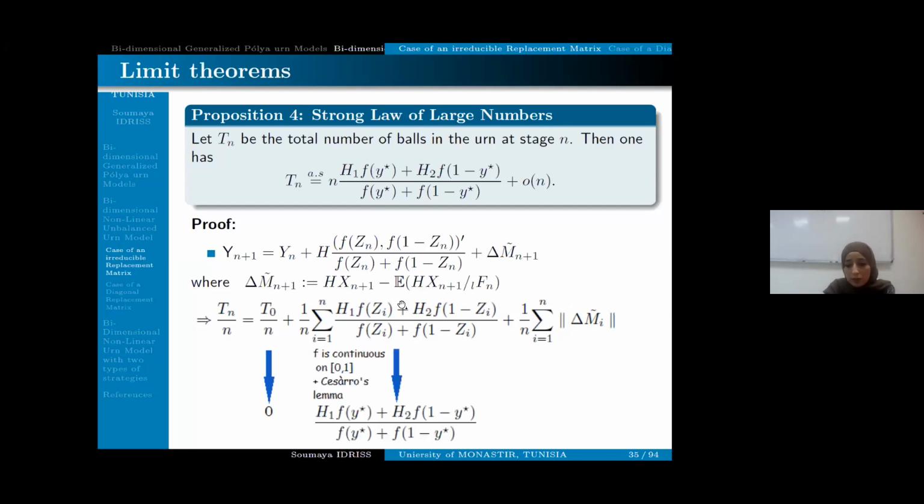For this quantity, using the fact that f is continuous on [0,1], plus Cesàro's lemma, plus the fact that Zn converges almost surely to y star, we finally get this limit. And for the last part, we use the strong law of large numbers for conditionally L2 martingales, and again we use Cesàro's lemma to get this limit.